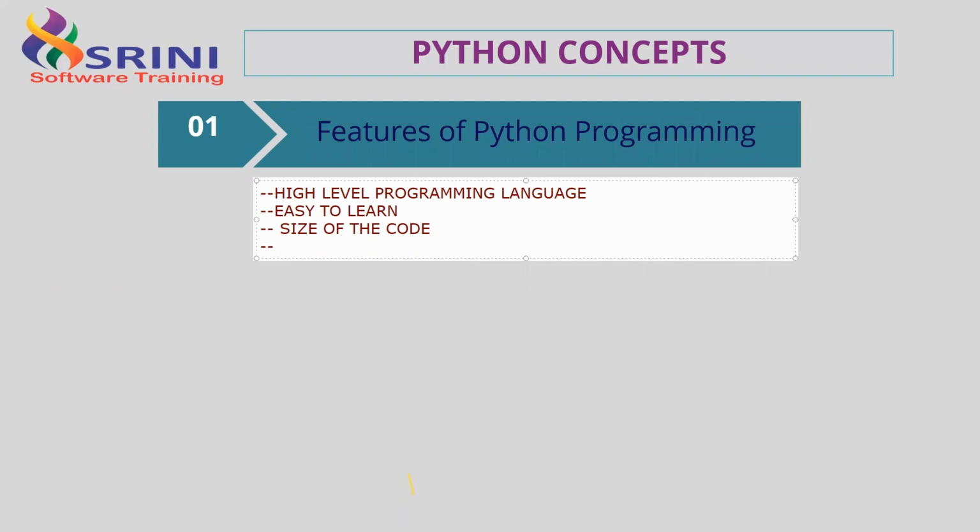Now, Python is a portable language. What do you mean by that? Portable language means, let's suppose we develop an application on the Windows operating system. We can download that application as an Android application. That operating system is different.